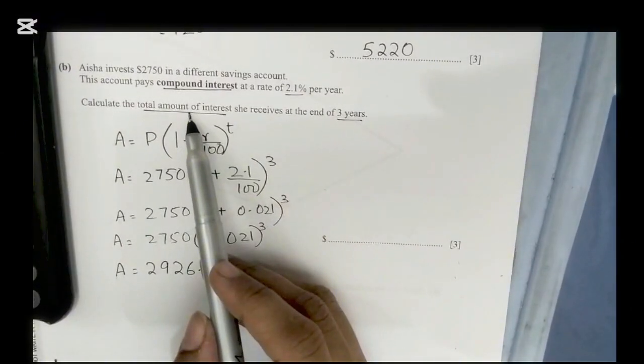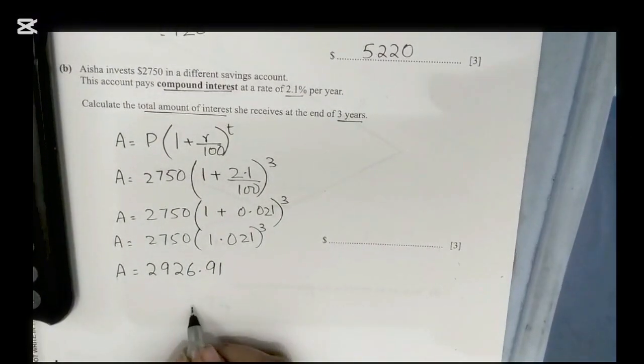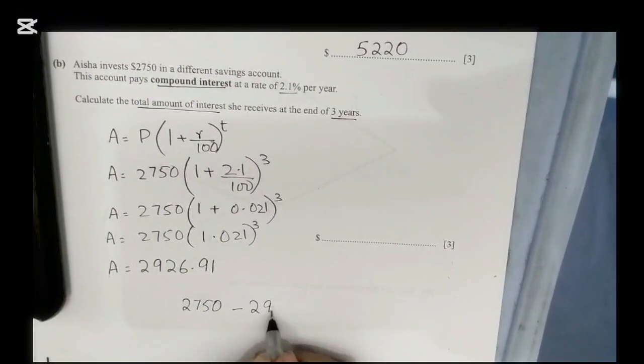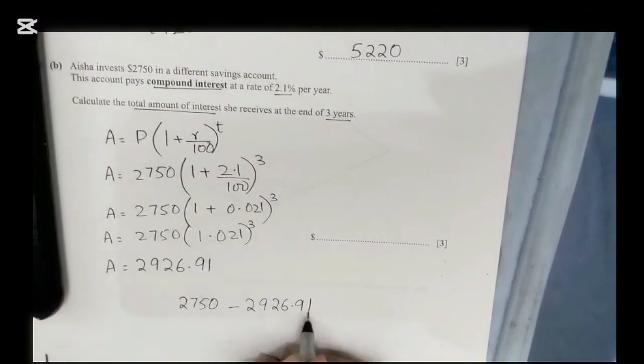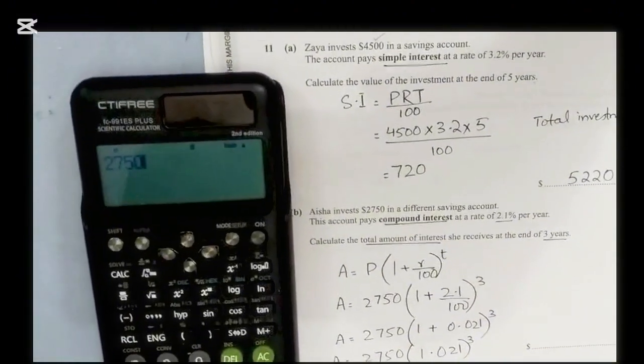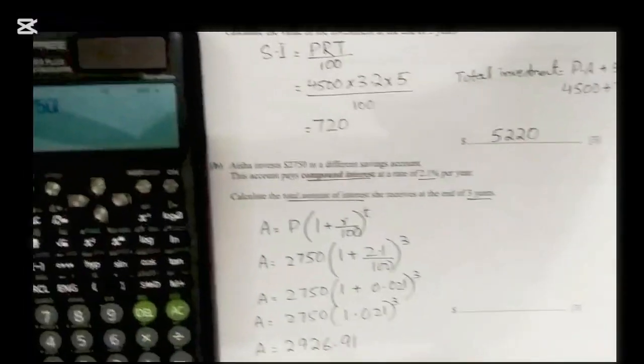2750. We have to find out the amount of interest, so I'm going to subtract 2750 from 2926.91. Use the calculator. Sorry, I have written it wrong.